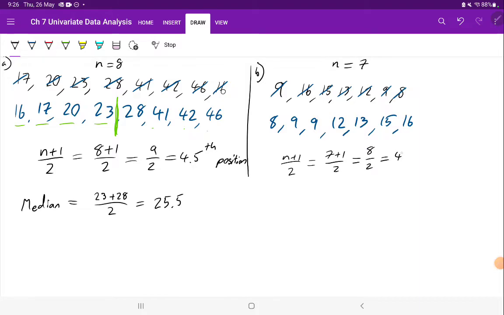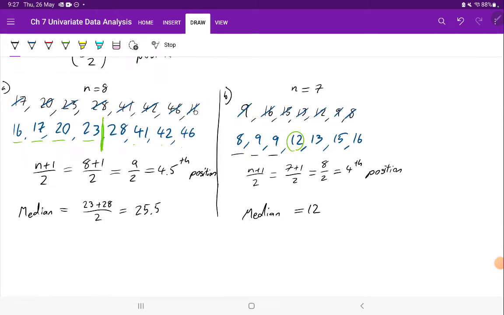So it's going to be in the 4th position. And 1, 2, 3, 4. And so in this case, our median isn't in between, it's actually just 12. And so we can just write median equals 12. And we're done.